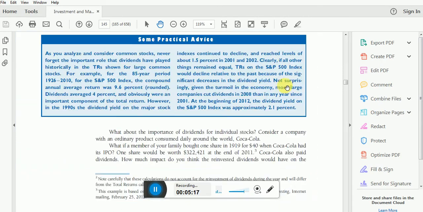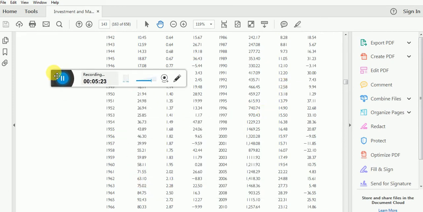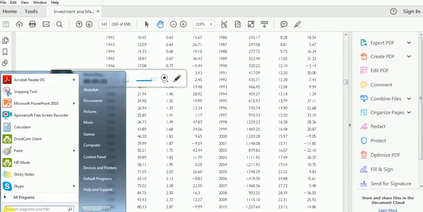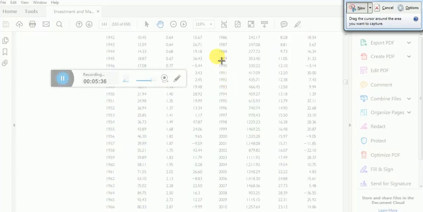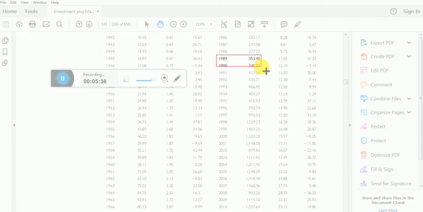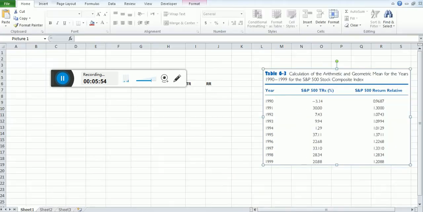With the snipping tool, I take the table starting from 1989. This is the index value, this is the dividend, and it goes up to 1999. Very simple, students. Just copy this data into Excel.